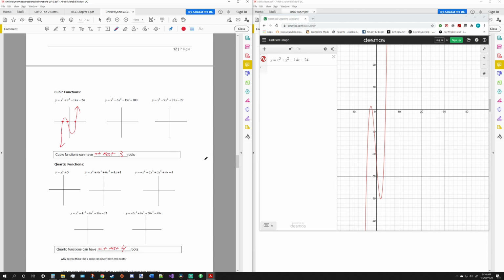All right, for the quartics, let me put at least one of these examples in. I'm not really sure which one is a good one to do. I will do this.